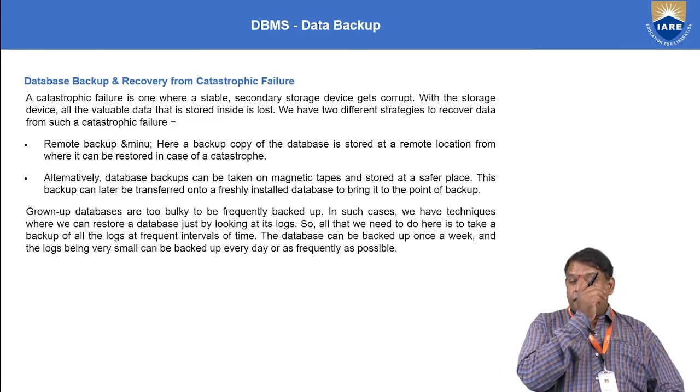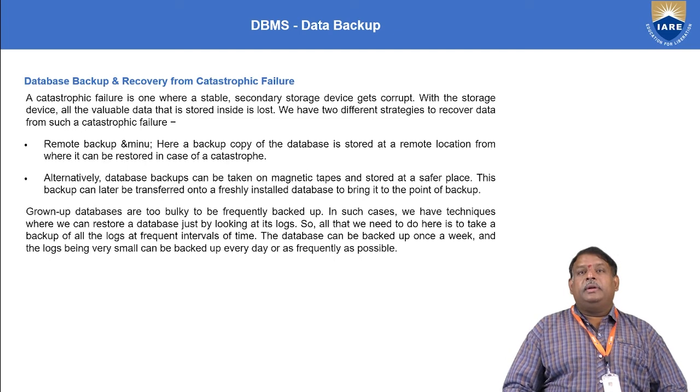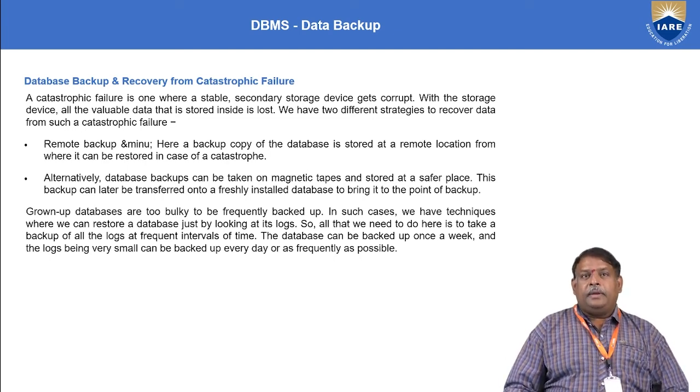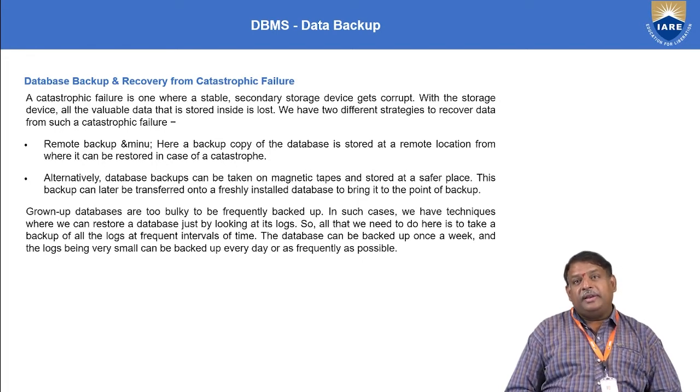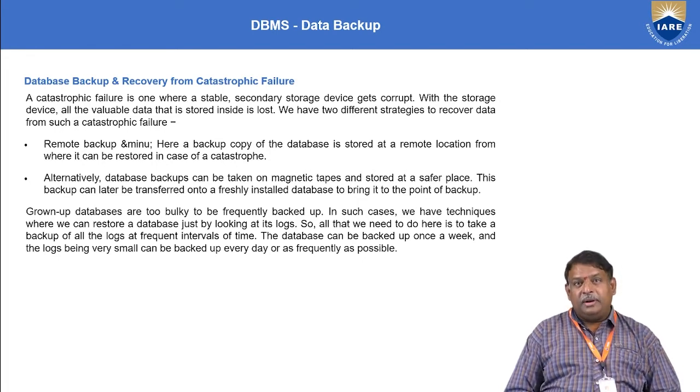Now, database backup and recovery from a catastrophic failure. Now we will see what it is. A catastrophic failure is one where the stable secondary storage device gets corrupted. Earlier we had everything in volatile storage.